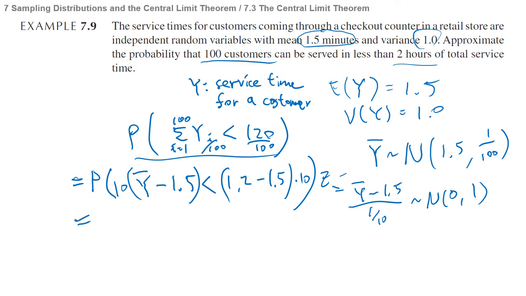So this is the probability of... and we can use the normal approximation by the central limit theorem, by CLT.